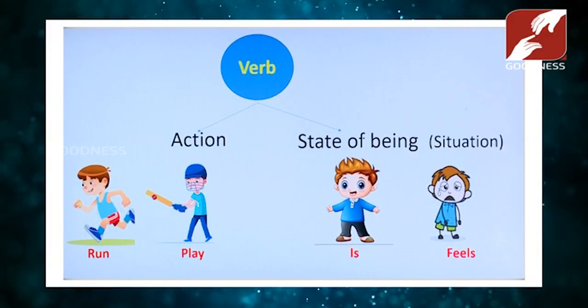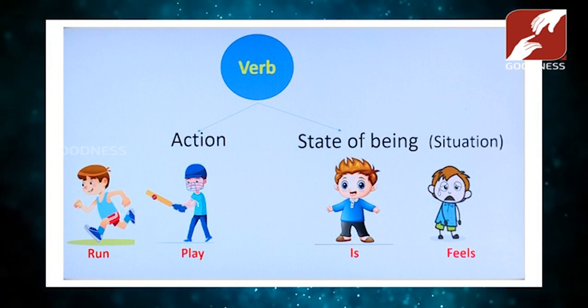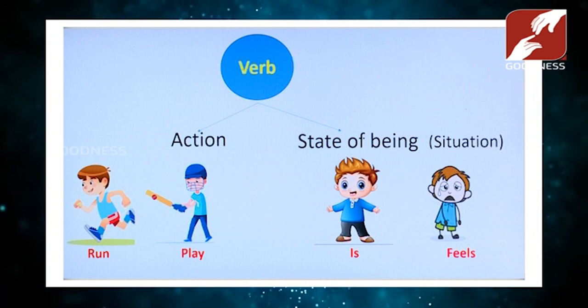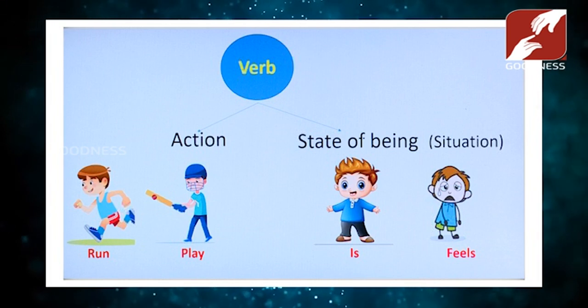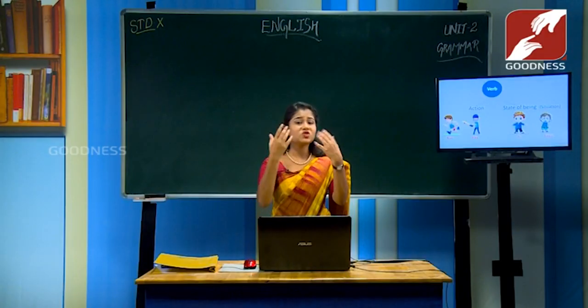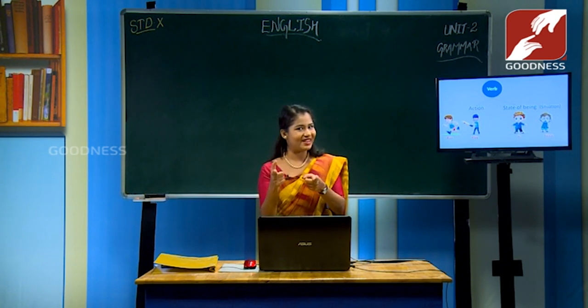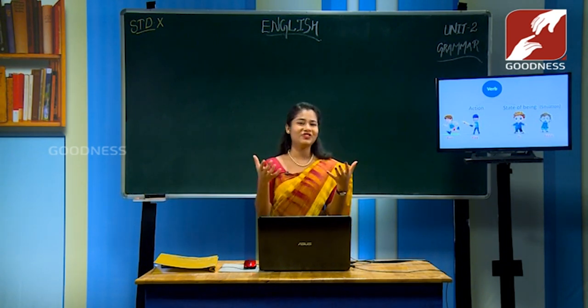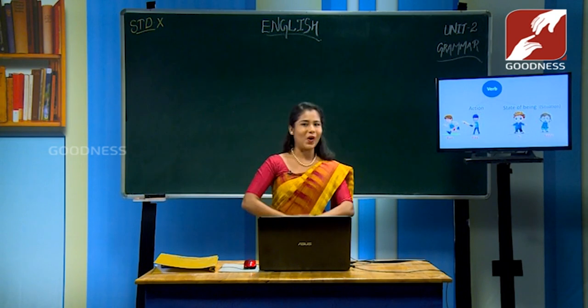Now, you could see a third image. See, who is that? Who can you see in the picture? Yes, that is a boy. And here is the verb. Why? Because I am just asking you, who is that? You would be replying to me, it is a boy, isn't it?